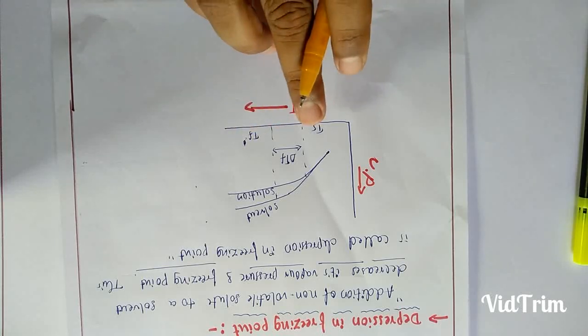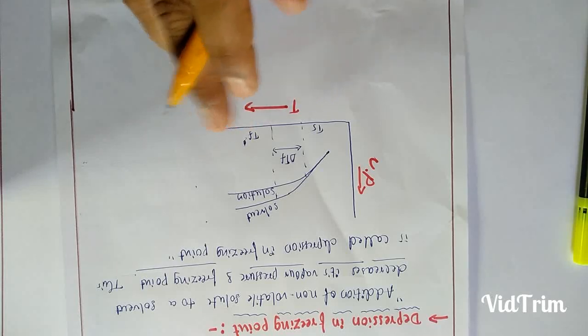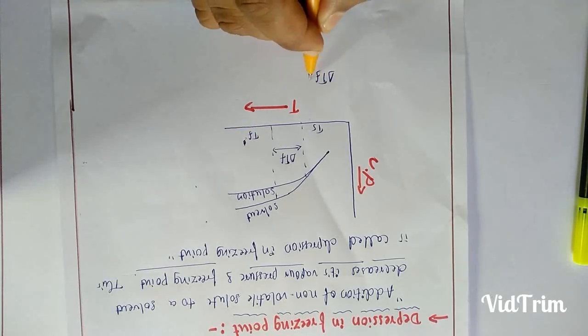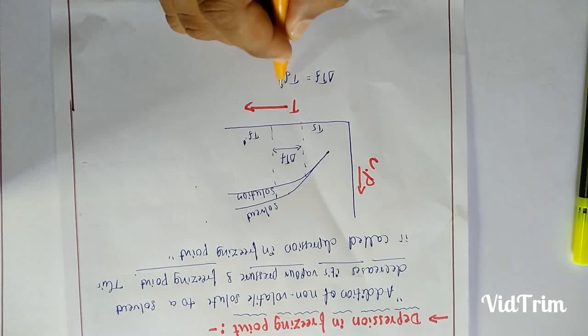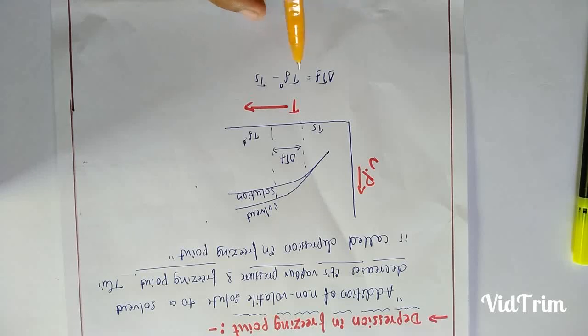TS means the freezing point of the solution, and TF naught means the freezing point of the solvent. I will write here: delta TF is equal to TF naught minus TS.